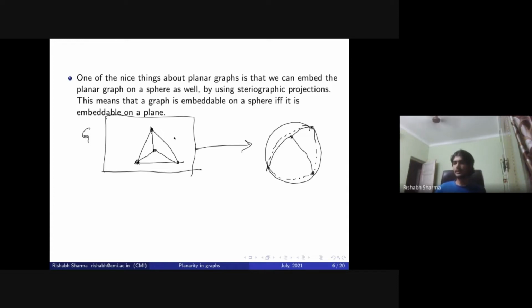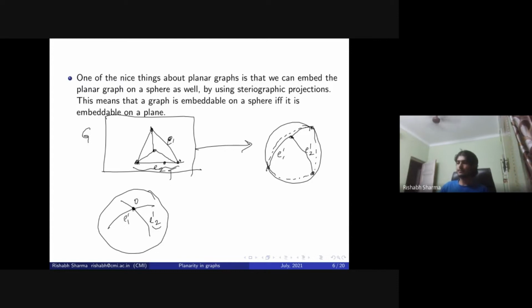Because if they did, suppose this edge E1 and E2 have images E1 prime and E2 prime, and suppose they intersect at a point O. Then I know that the stereographic projection is invertible, so I can look at E2 prime and its pre-image, and I'll know that the pre-image of O, let me call it T, lies on E2, because O lies on the image of E2.